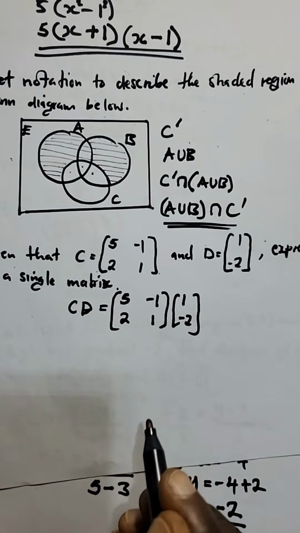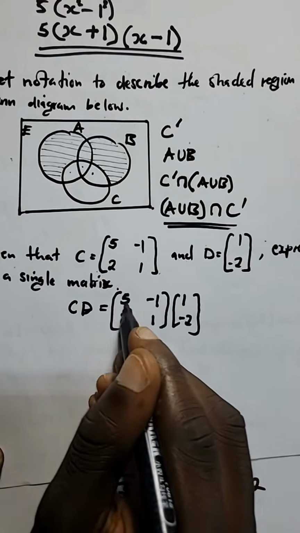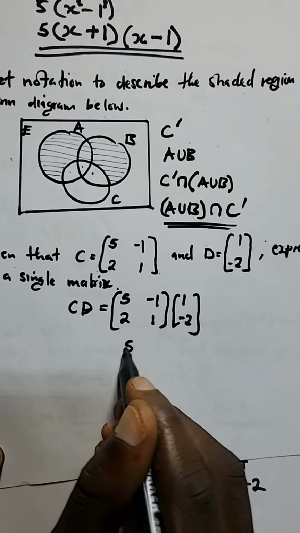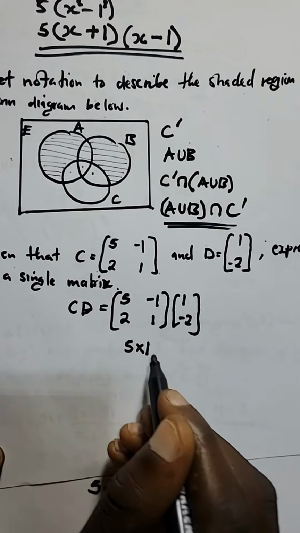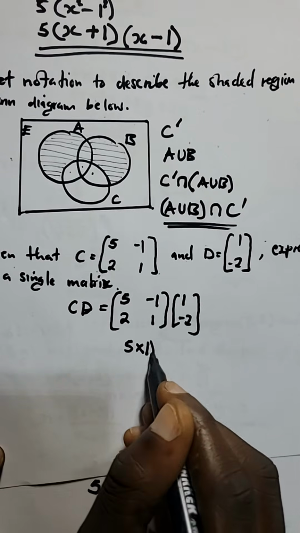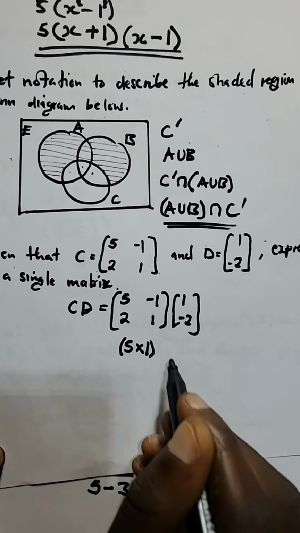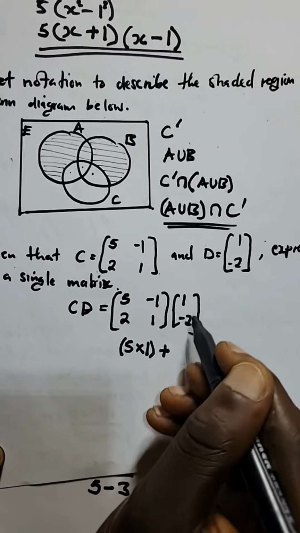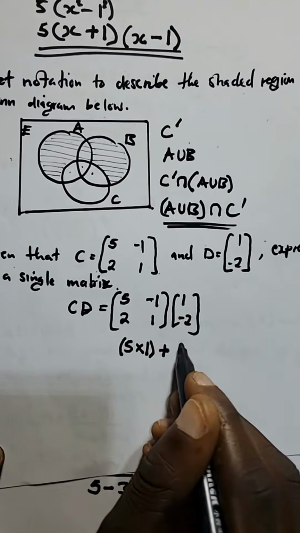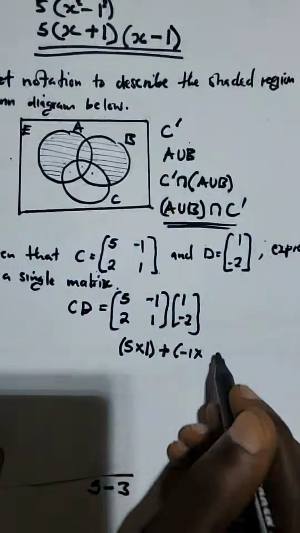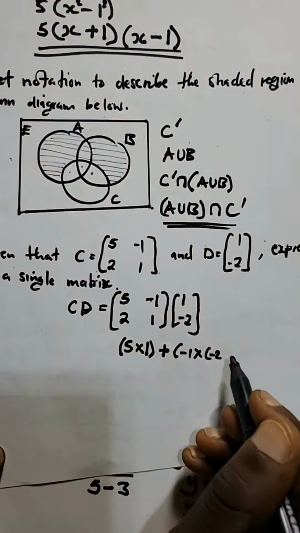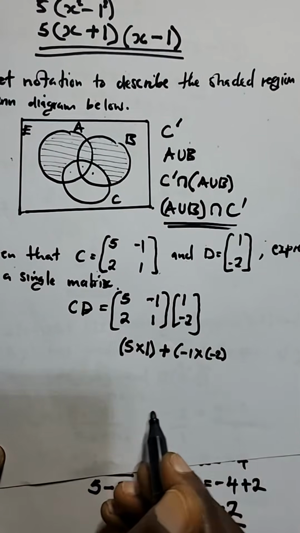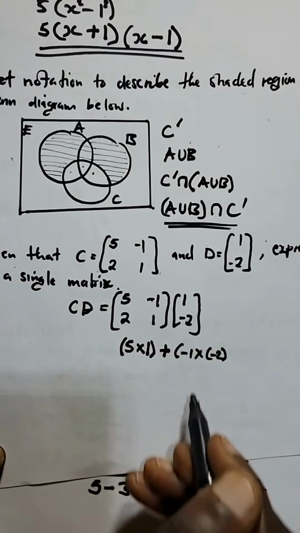And this is how you multiply. 5 times 1, we're going to say 5 multiplied by 1. Okay, let me just put this one in brackets so that you understand. Plus, we are still in this column, -1 times -2. Okay, so we are done using this row and this column.